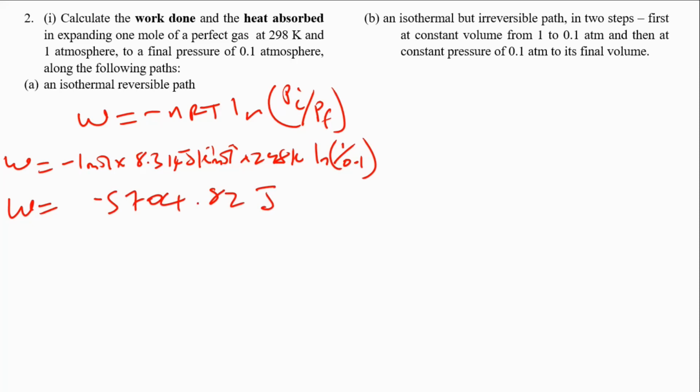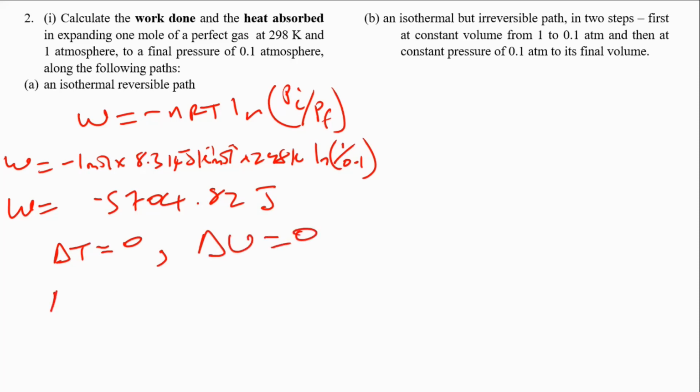Now, since we're talking about an isothermal process, we just said that delta T is equal to 0. In an isothermal process, the fact that delta T is equal to 0 means delta U is also equal to 0.